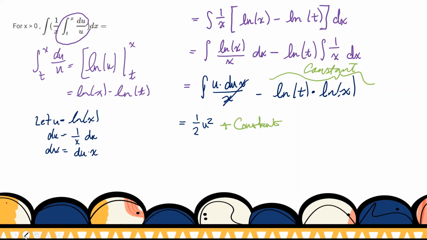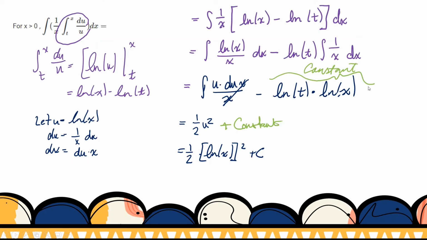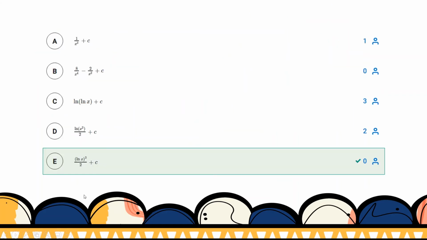And then we have to sub back in for u. So we say the answer is 1/2 times the natural log of x, and we're squaring this function, plus c. And we find that that is answer choice E. And the reason why I didn't leave this the way it is is because all of our answer choices had plus c. So that's what I did.